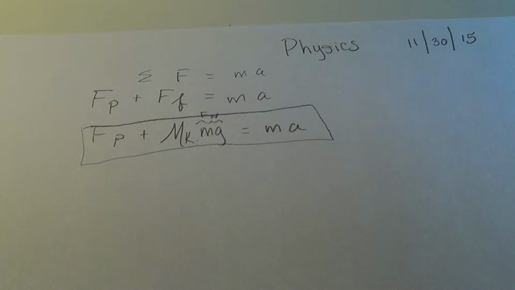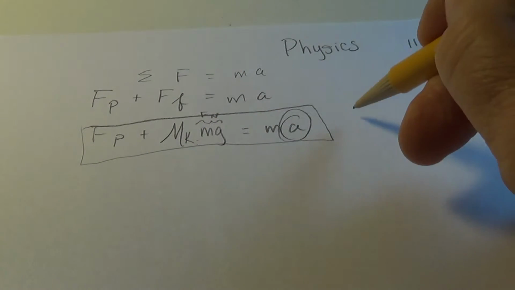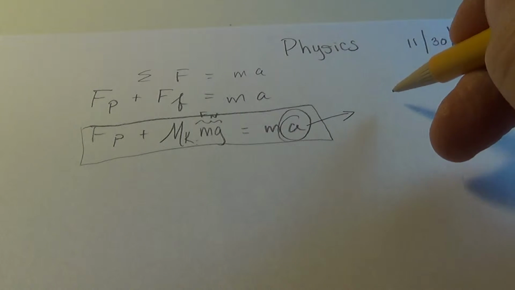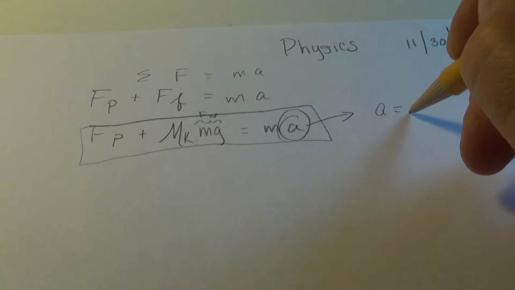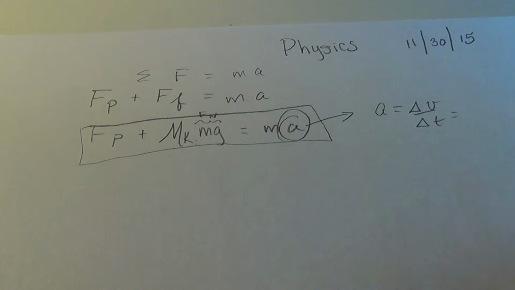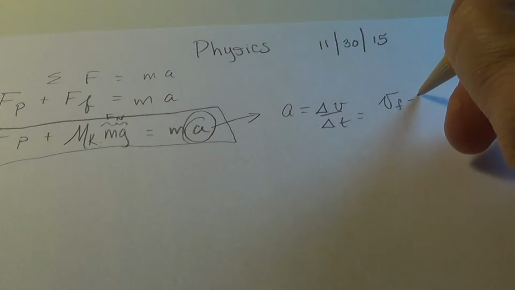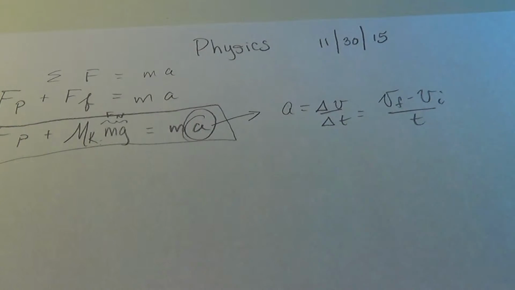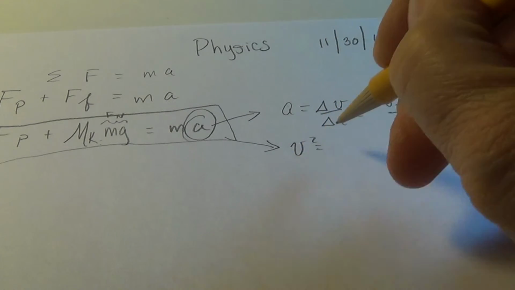When we have that situation, sometimes we have to find acceleration in other places. Some tools from the past that will help: acceleration is change in velocity over change in time, which is velocity final minus velocity initial over time, which we've used in the past, and also the squared equation.